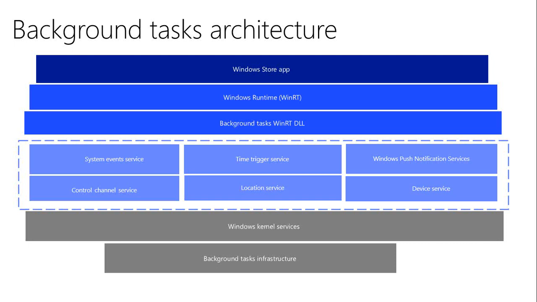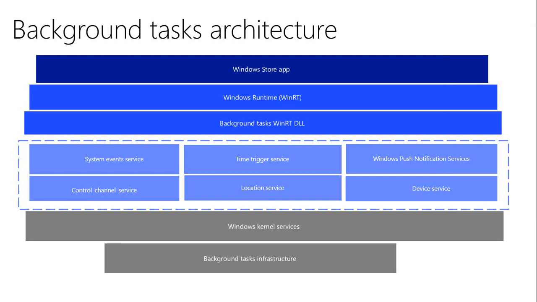These triggers are basically a part of the services mentioned in between. There are system event services, time trigger services, Windows push notification service, control channel service, location service, and device service. All these services basically execute what the trigger wants to execute.